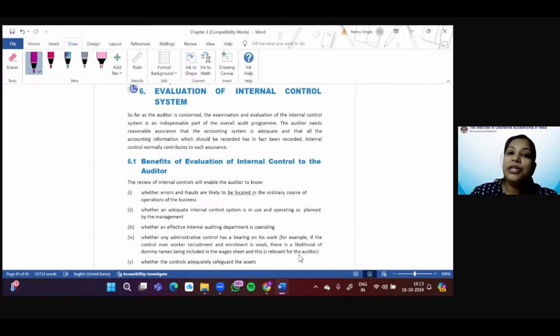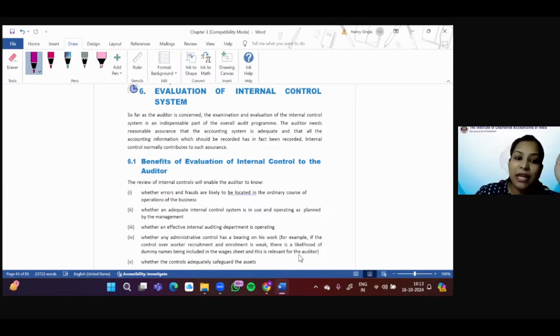Is the auditor required to give any opinion on the internal control? The answer is no. He has to give his opinion on the financial statements. For that, he must be aware whether the accounting system is working properly or not. Internal control helps the auditor in getting assurance as to whether the accounting system is working effectively. This is the only reason why the auditor evaluates the internal control system.